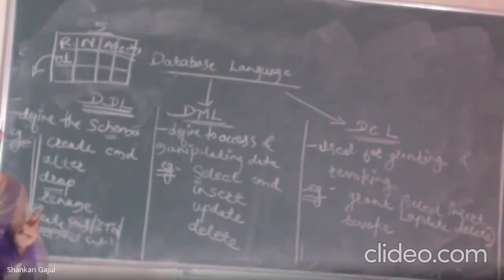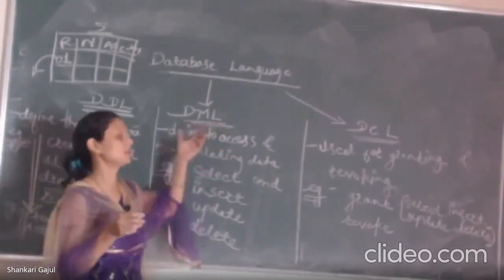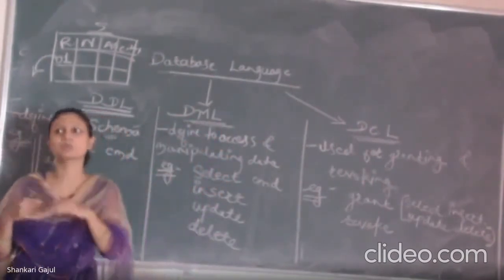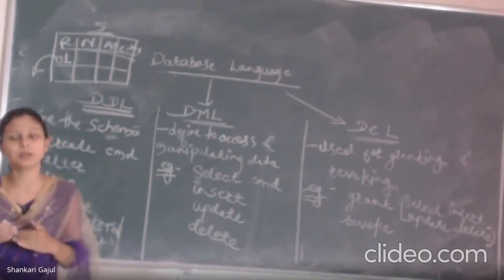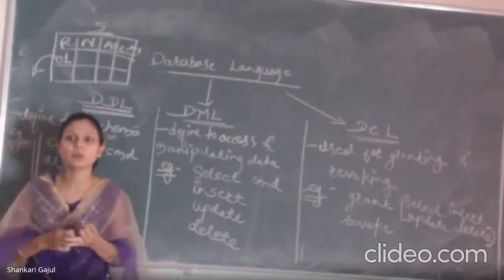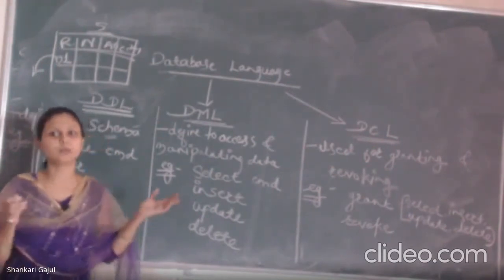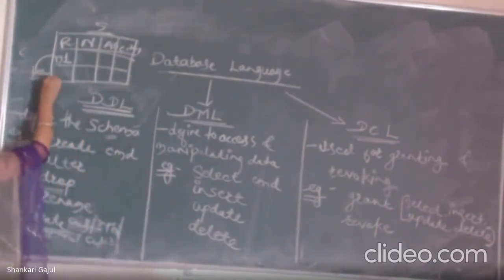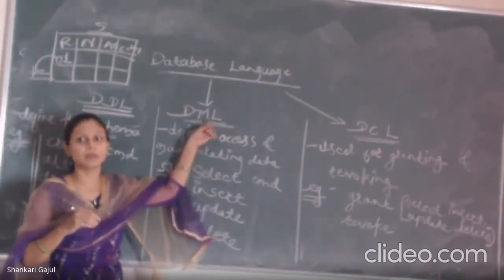So it is used for accessing and doing some operations onto the database. For that purpose, we are using the data manipulation language. Manipulating means we are doing some operations. What kind of operations we are doing? The read operation, write operation, delete, insert, whatever the number of operations related to the particular database, that kind of operations we will do in the data manipulation language.